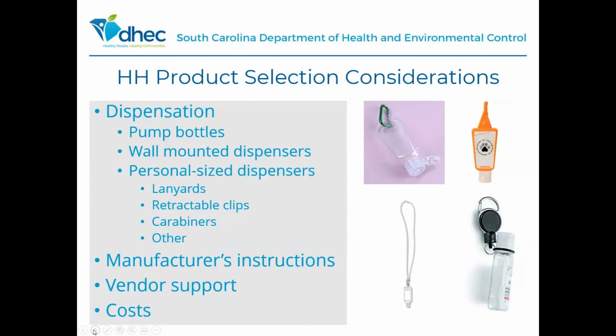I changed that to personal size for a reason. So think about it this way. There's a right way to use these and a wrong way to use these. If I've got to reach in my pocket with my dirty hands to get to the alcohol hand sanitizer, that's really defeating the whole purpose, and you shouldn't have to do that. So that's why I label these personal size dispensers, because you want to avoid them being in a pocket.